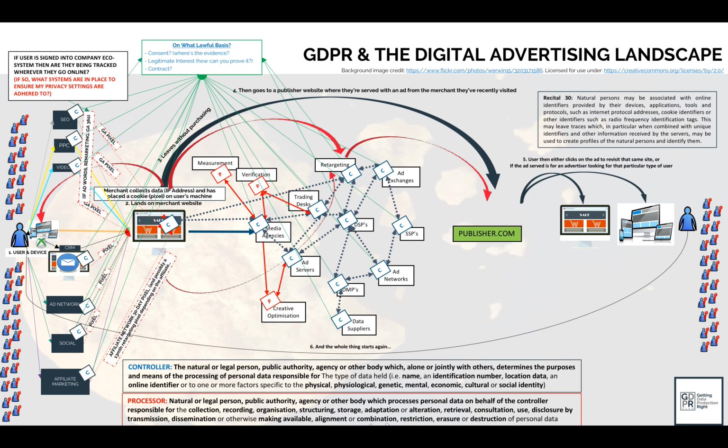And when it comes to a subject access request, which they can do under their rights to be informed, as you can see, it certainly makes for interesting times moving forward within the advertising landscape as we currently know it.